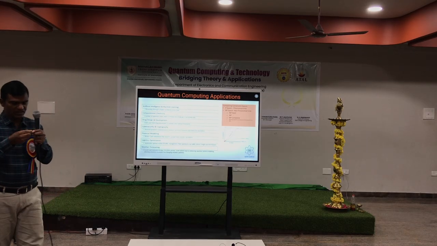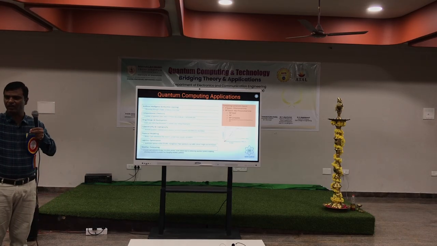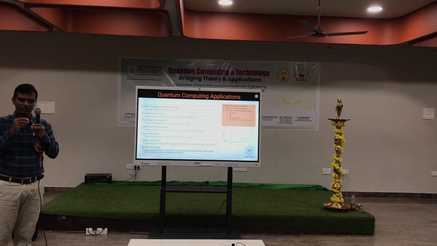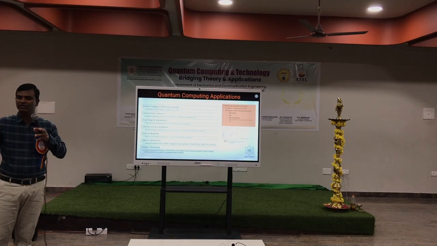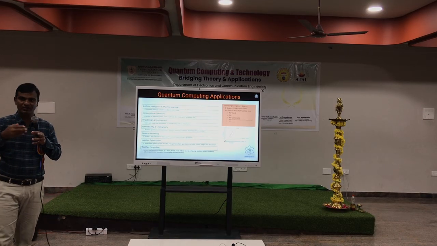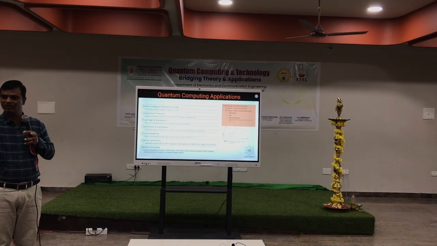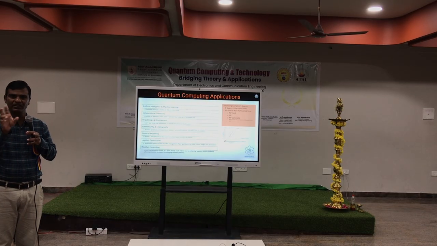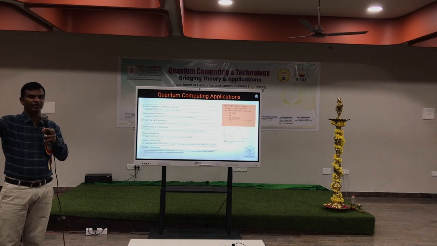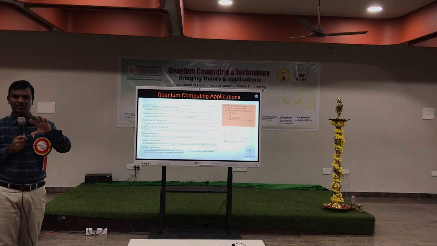Now, suppose A and B are two subatomic particles that interacted with each other and then separated far away. That is called entanglement.